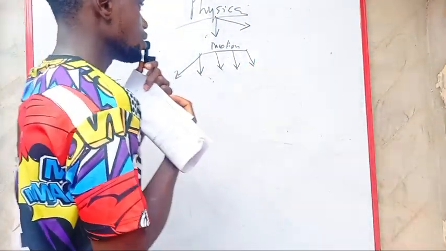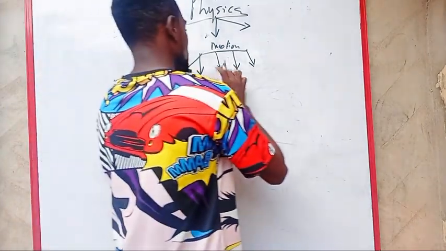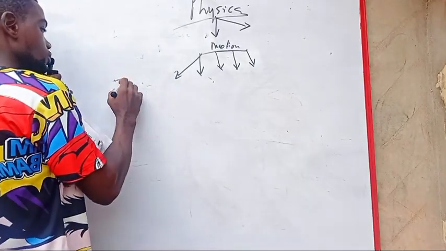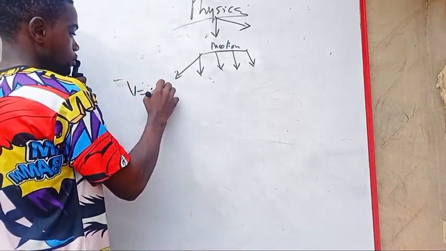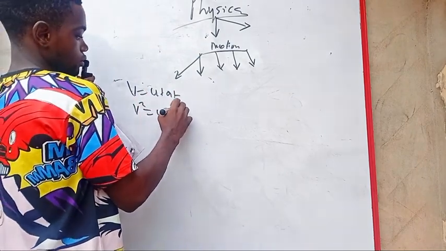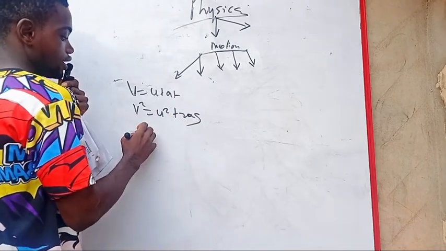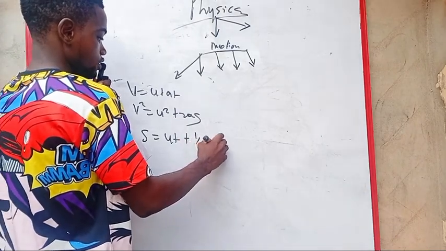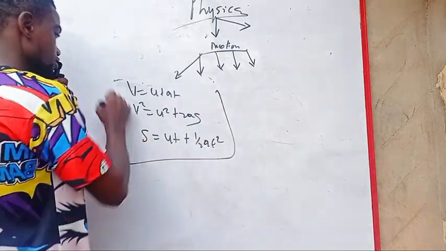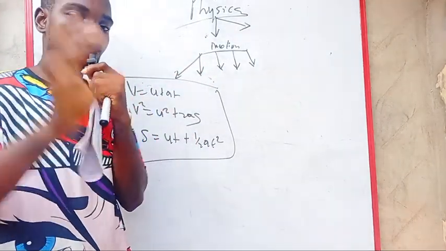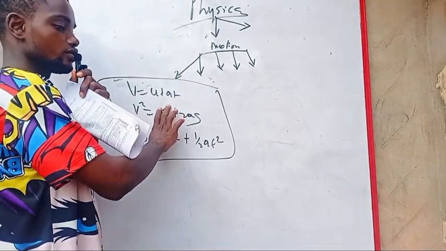Now if you know the three equations of motion, v equals u plus at, v squared equals u squared plus 2as, and s equals ut plus half at squared, you will likely see these mostly under objective.